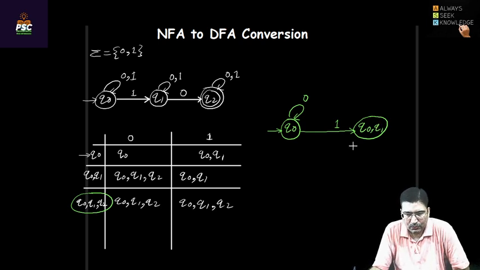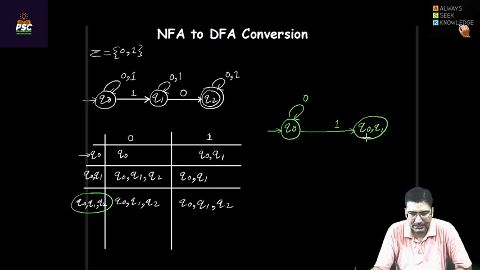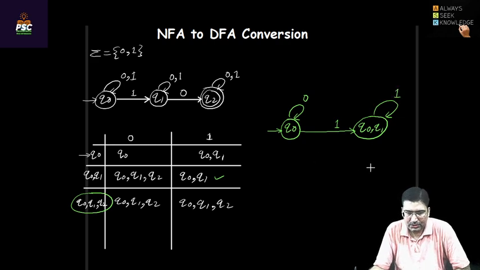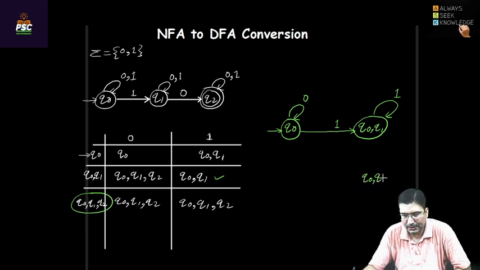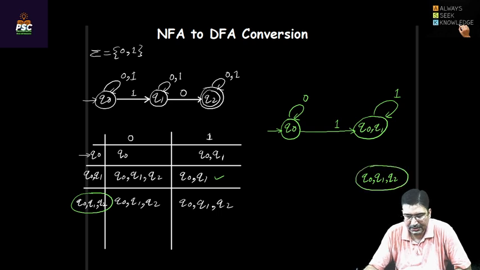Now on Q0 Q1, this is a single state we are considering. There is a loop for 1. So if 1 is coming, there is a loop. But when 0 is coming, there is a new state Q0, Q1, Q2, and this state is a final state also.